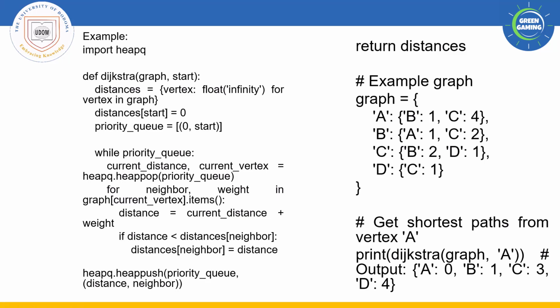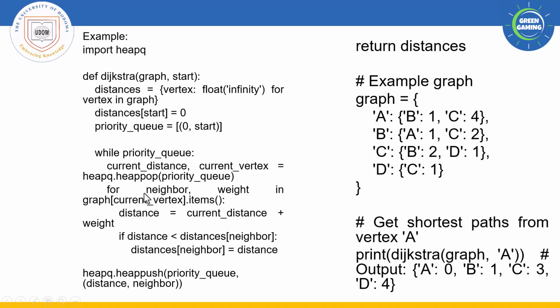After that, we loop over our priority queue until the priority queue is empty. Within this loop, the vertex with the smallest distance is processed.